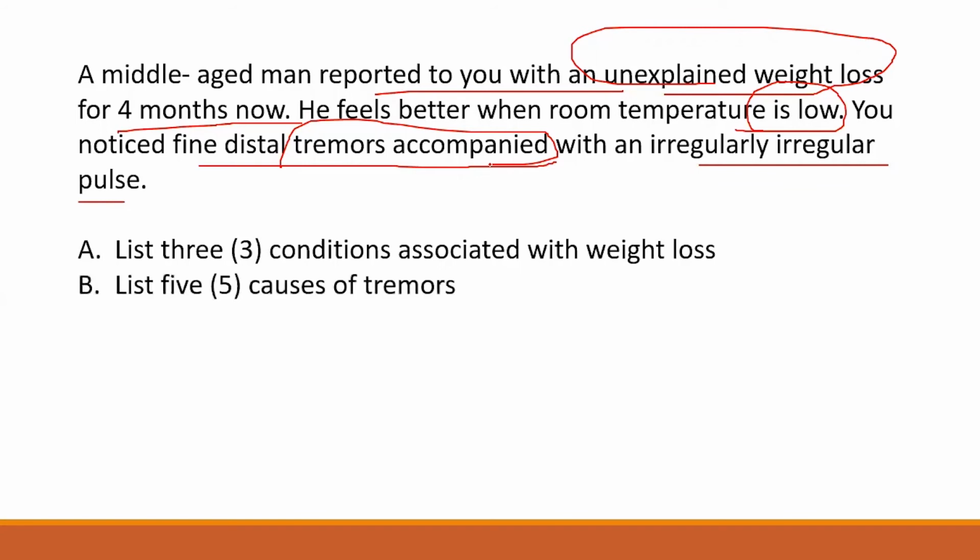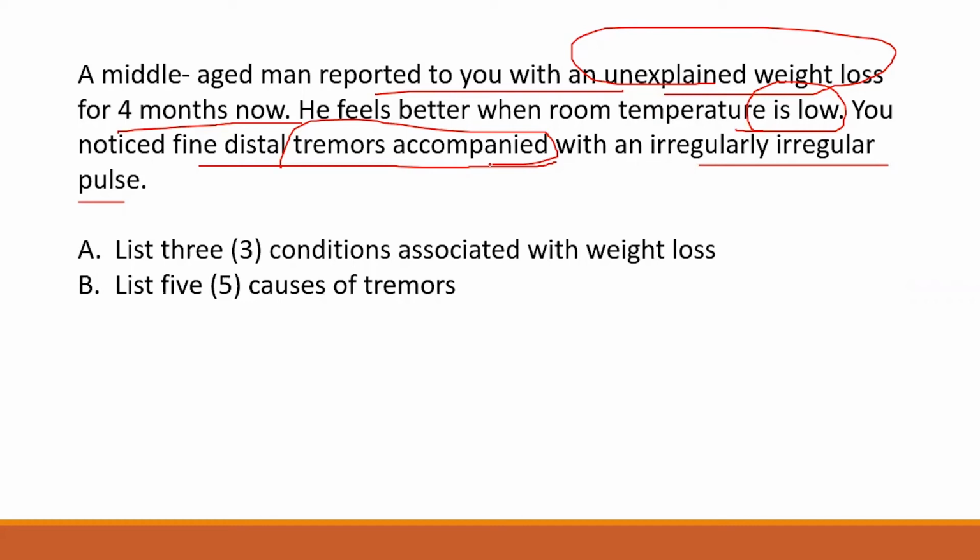Now give 5 causes of tremors. So over here, you can think of what? Multiple sclerosis. You can think of stroke. You can think of brain injury or traumatic brain injury. You can think of Parkinson's disease.